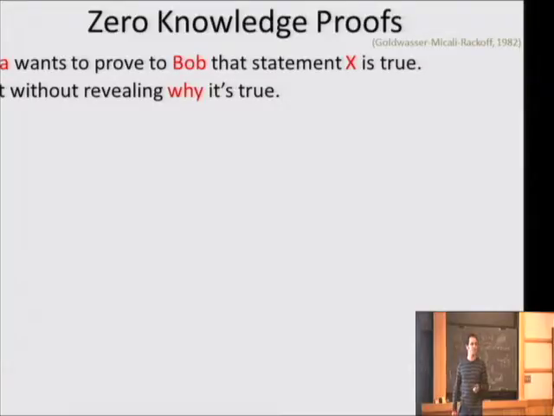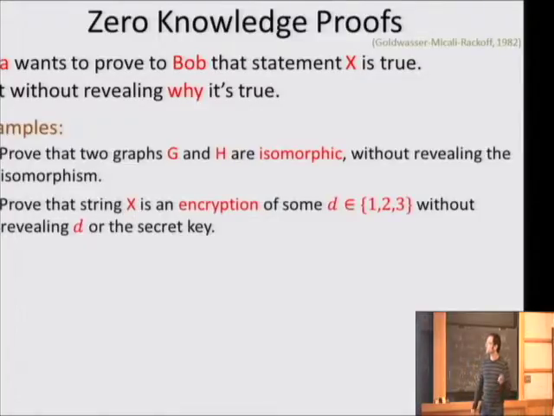So zero-knowledge proofs. I guess for most of this audience they're familiar, but let's just say what they are. You basically have two parties, usually called Alice and Bob. I'll call them Anna and Bob because I want one of them to be Russian and the other American. And Anna wants to prove to Bob that some statement is true, but doesn't want to reveal why it is true.